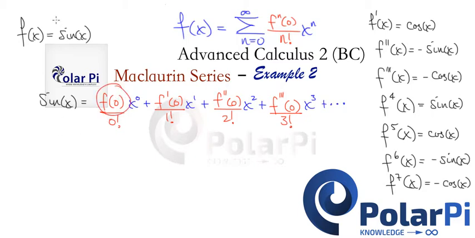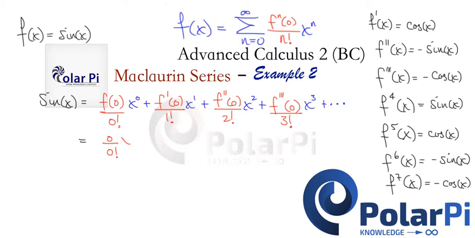Otherwise, I think we're ready. This here means sine of 0, and sine of 0 is 0. So we have 0 over 0 factorial. Yes, I can write 0 factorial as 1, but I'm intentionally writing it as 0 factorial. And then, of course, we have this times x to the 0th power.